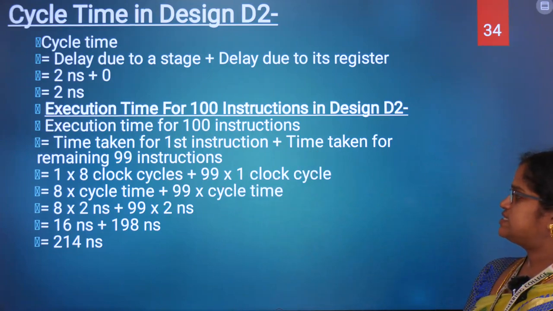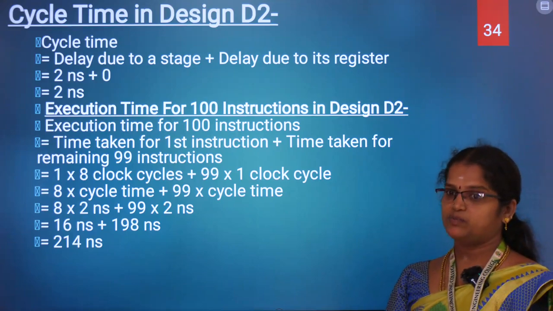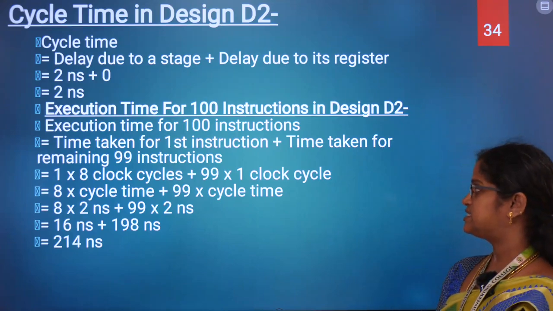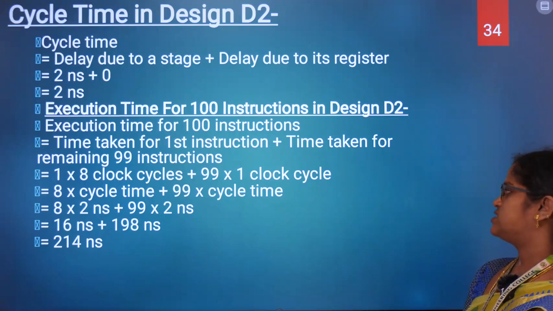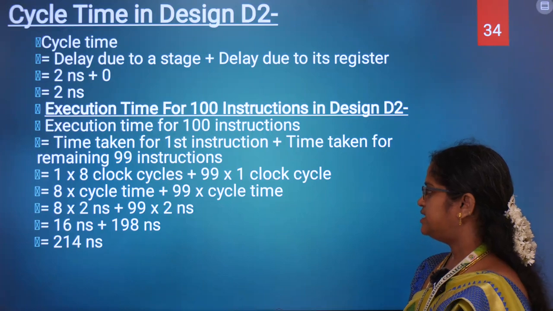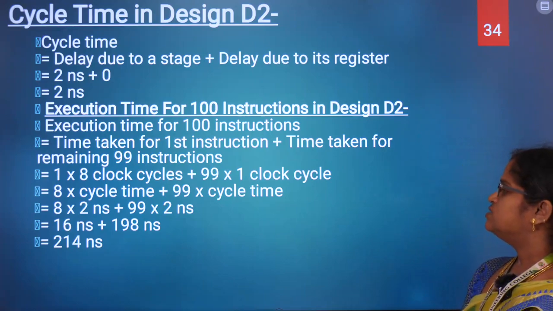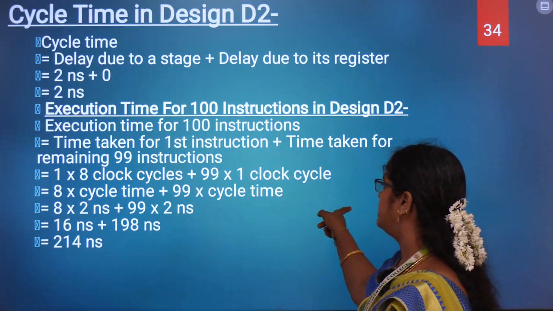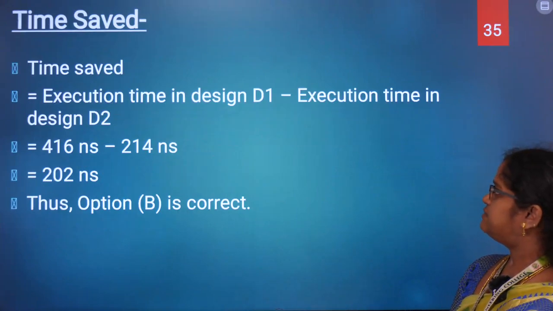So 8 clock cycles, because the D2 design has 8 phases, plus 99 clock cycles. So 8 into 2ns plus 99 into 2ns, finally 214 nanoseconds.